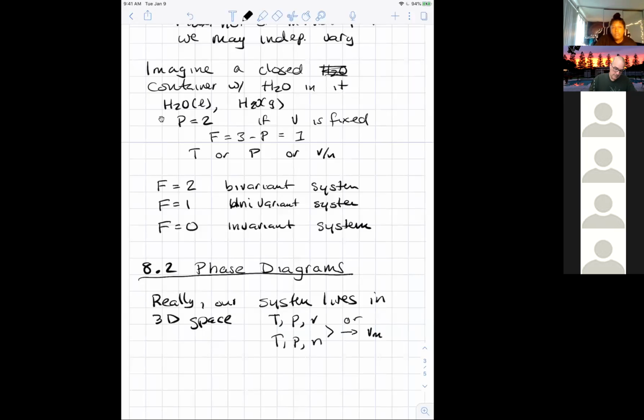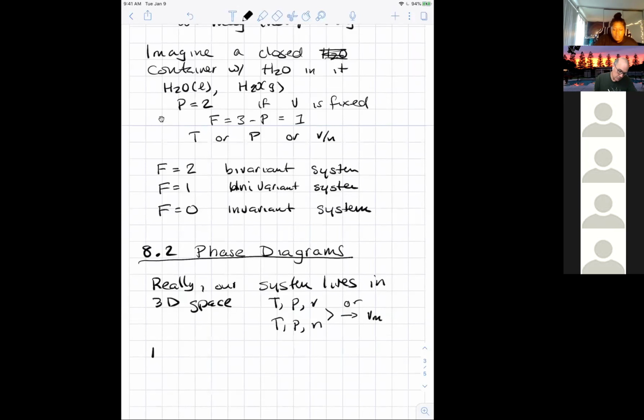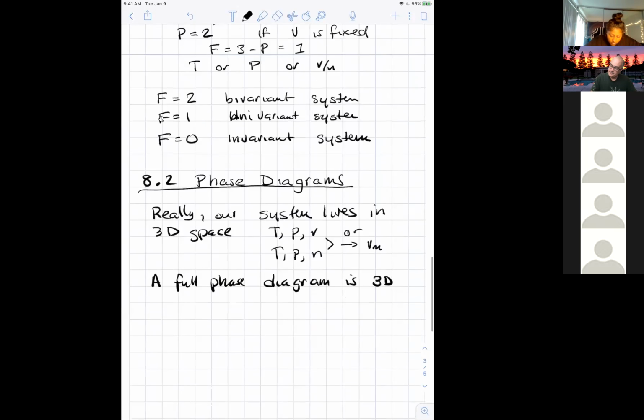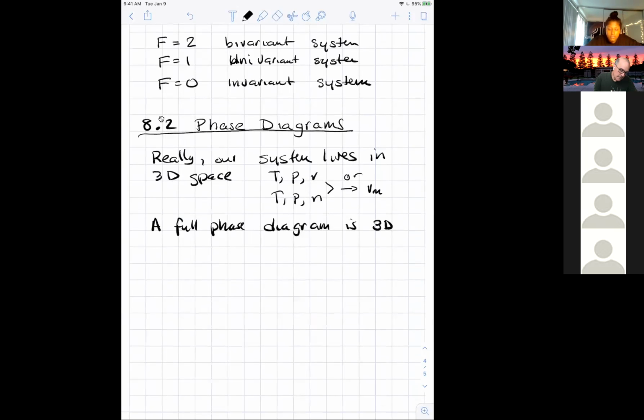So a full phase diagram is a three-dimensional phase diagram, but we usually look in 2D just because it's hard to think in 3D.